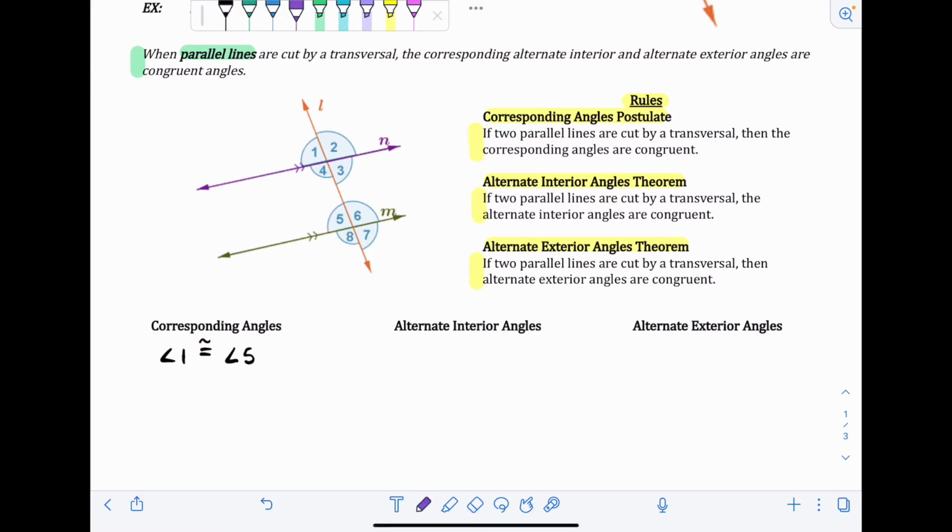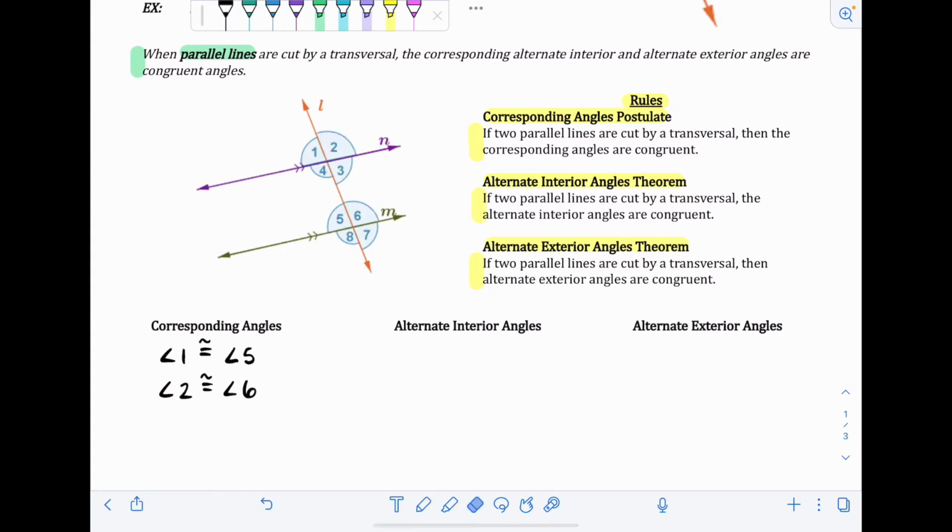And then another pair. Remember, corresponding angles are in the same placement, but at a different intersection. If this is one intersection right here, and this is the other right here, both angle 2 and angle 6 are in the upper right corner. Same placement, different intersection, those are corresponding. And this postulate says that they're congruent. So we would say angle 2 is congruent to angle 6.